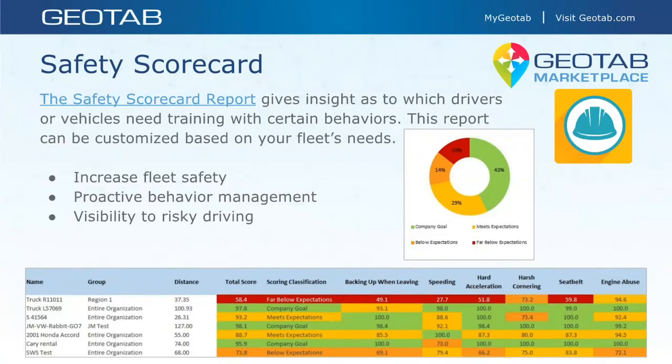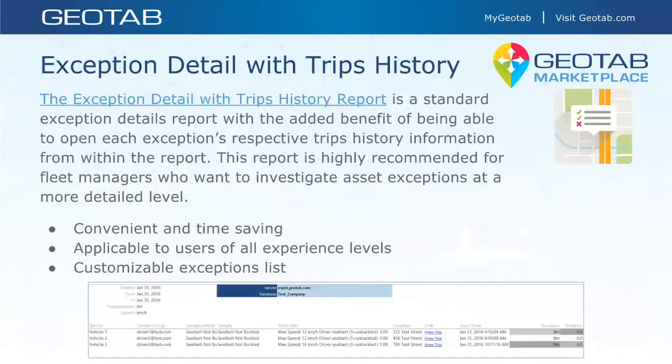You can also align that with company expectations. So maybe your company goal is for all of your vehicles to be at 95 or above. Maybe expectations is 85, below 60 is below expectations. So just a way to synthesize this data and get an idea of how your vehicles are doing in these different categories and with following different rules.